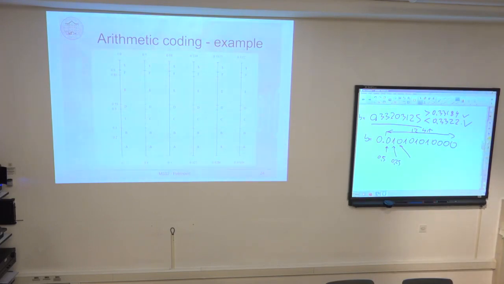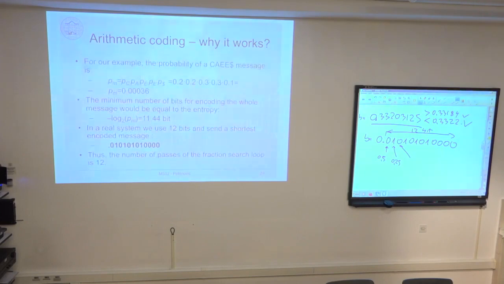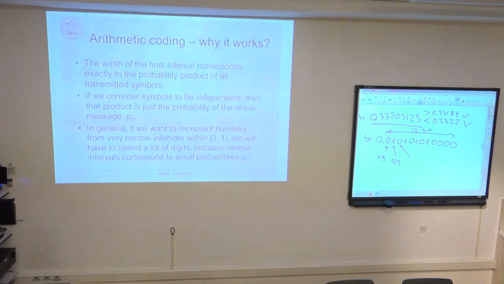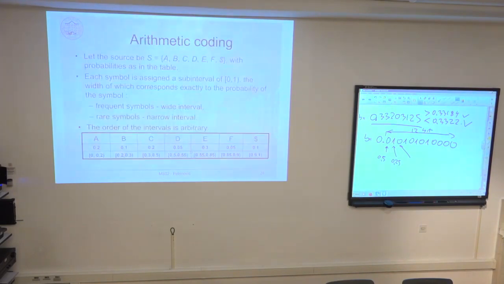Now, how do I decode this message? I start from the value that I have written on the whiteboard. I first check which interval this value belongs to, using the original coding table, the original subdivisions of intervals.